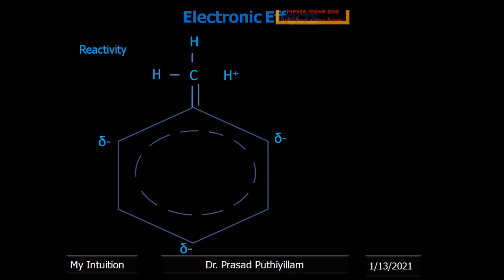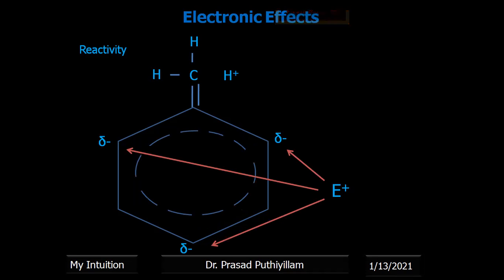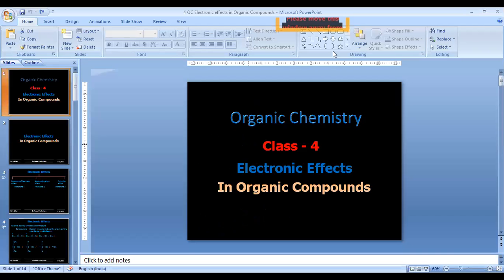Therefore, it can be represented like this. The ortho and para positions have more electron density, and this lets the electrophile attack the ortho and para positions. So that is about organic molecules, their stability and reactivity with electronic effects.